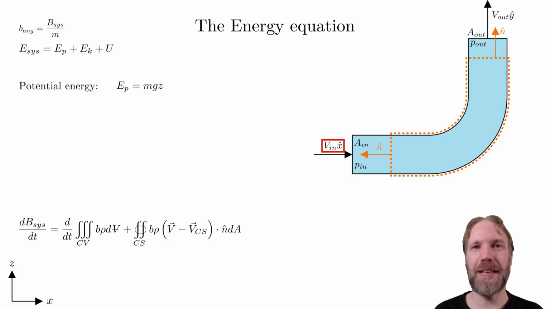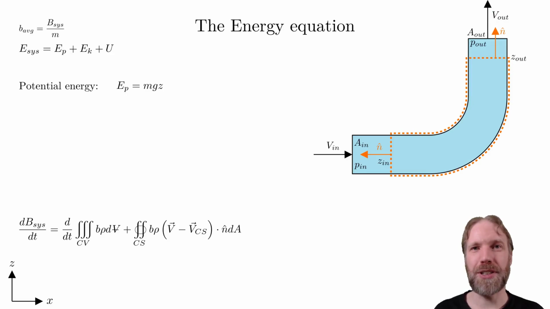We can also drop the x hat for the inlet velocity, as energy is a scalar property. We also need to add in the height of the inlet, z in. Assume that the pipe is so small that z in is a good approximation for the entire inlet. We can also drop the direction for the outlet and insert the elevation of the outlet z out.